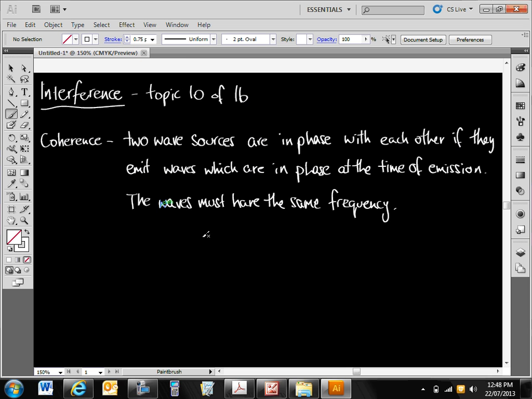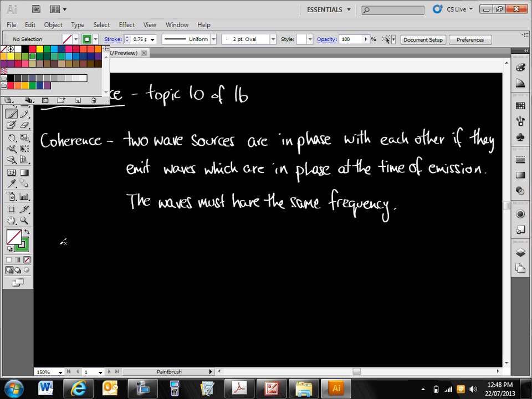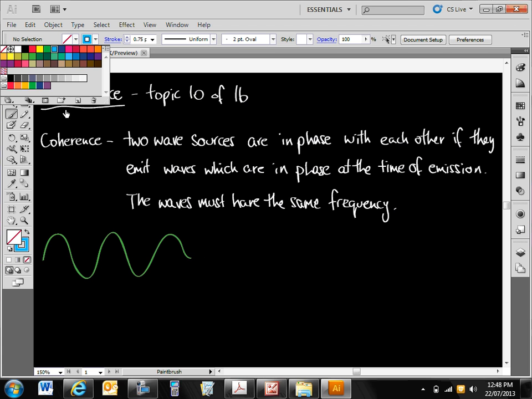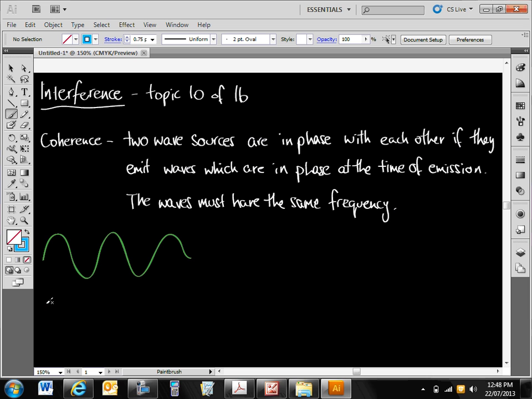And I'll show you diagrammatically why that is. This will become very clear in a second if it's not now. Here's a wave. If I put a second wave in here, now I'm going to draw them like each other, just like that.